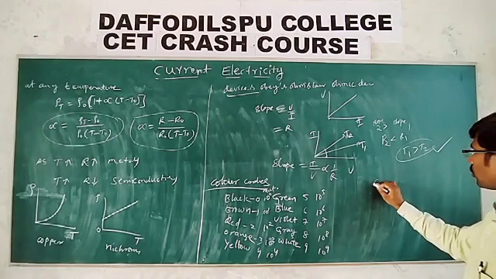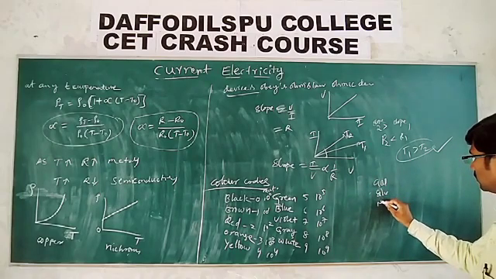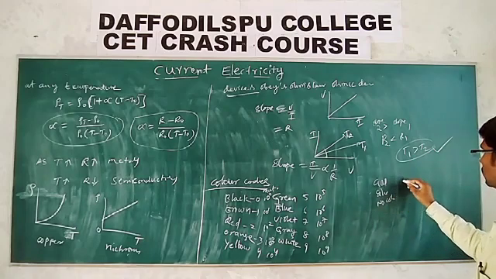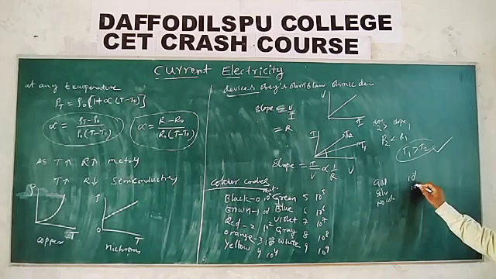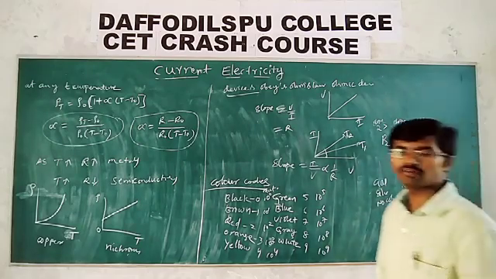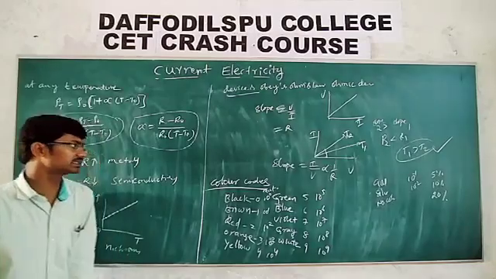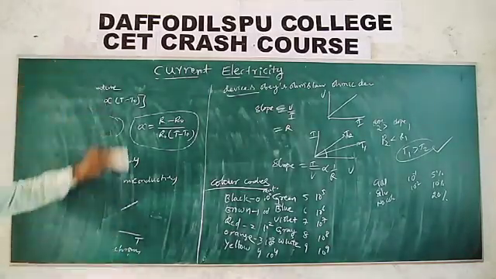And then we have gold, silver, and no color. For gold and silver, the multipliers are 10 power minus 1 and 10 power minus 2. Here the tolerance is 5%, 10%, and 20%. Now based on this, we can find the value of the resistances. And how do we determine the value of the resistance by using this?